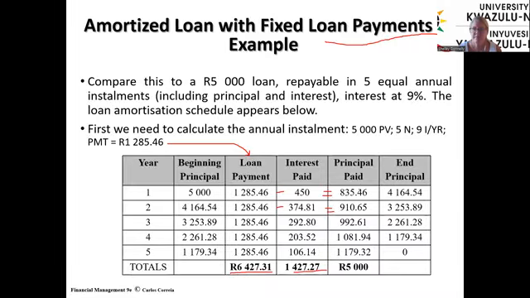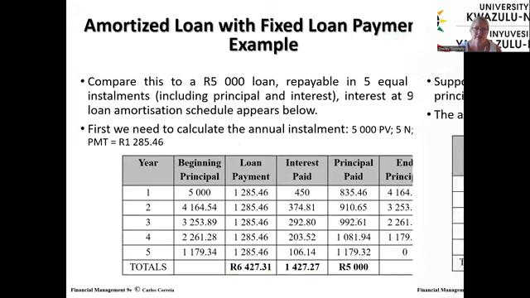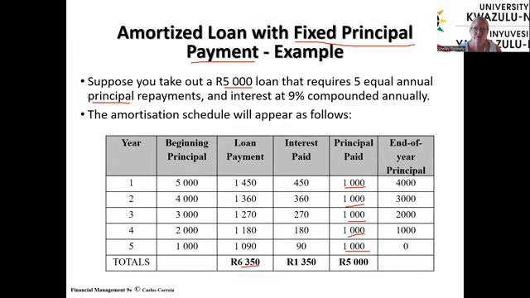So, for example, these 3 years here, you're paying off the loan itself at less than 1,000 Rand a year, whereas previous way you were paying off 1,000 Rand from the beginning, and that meant that your interest would be lower.